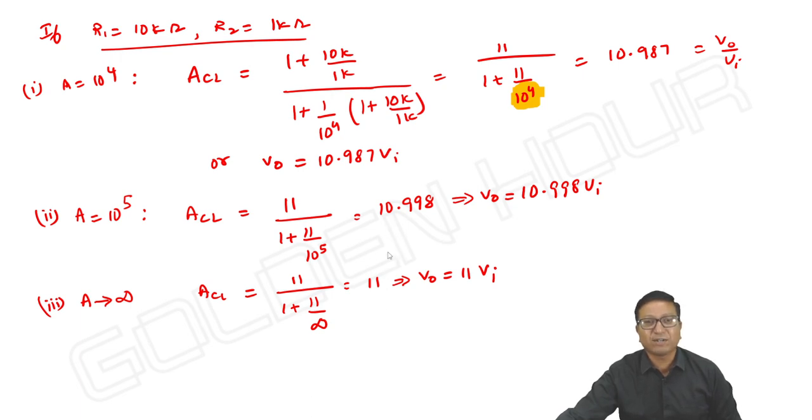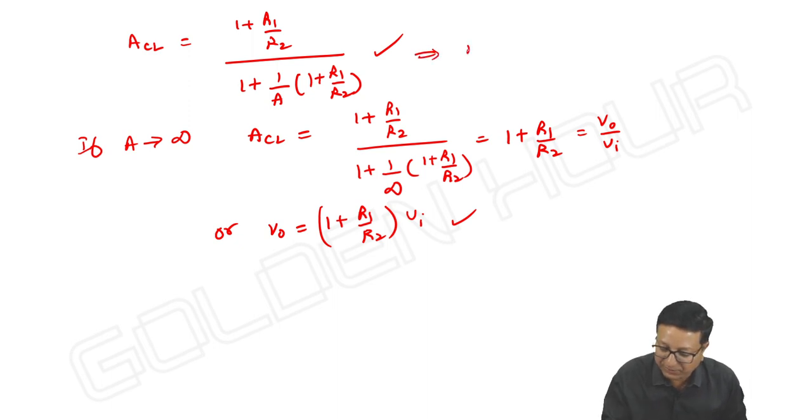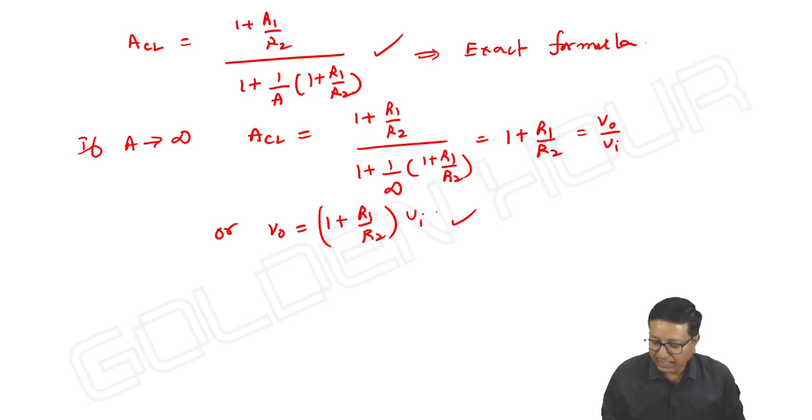Why scratch our head by using such a complex formula? This is a very complex formula. It is the exact formula, and this is the approximate formula.